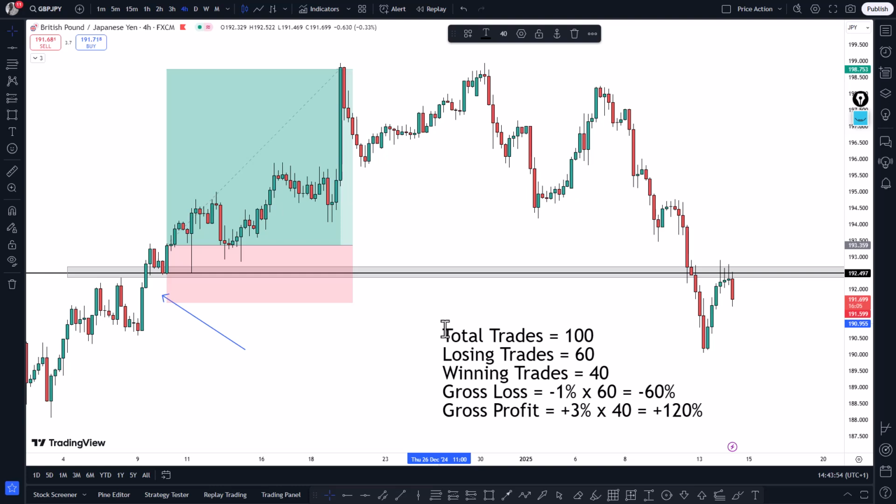Now, when all is said and done, your net profit, which is your gross profit minus your gross loss, is going to be 120% minus 60%.